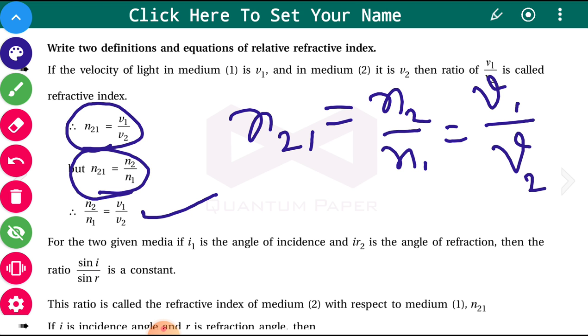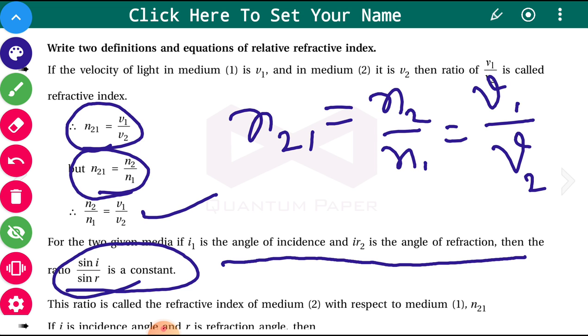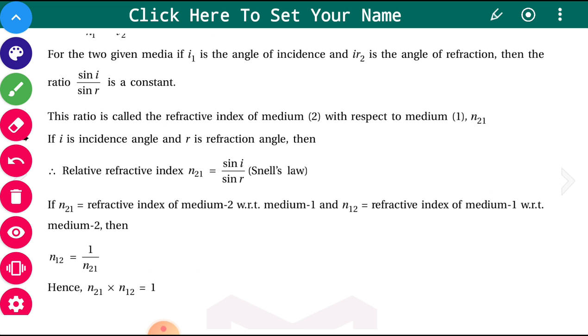Now for the two given media, if i is the angle of incidence and r is the angle of refraction, then sin i upon sin r is found to be constant, which is called the refractive index. So the ratio of the sine of the angle of incidence to the sine of the angle of refraction is nothing but the refractive index of that medium.